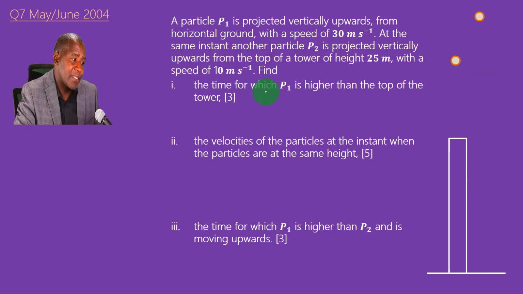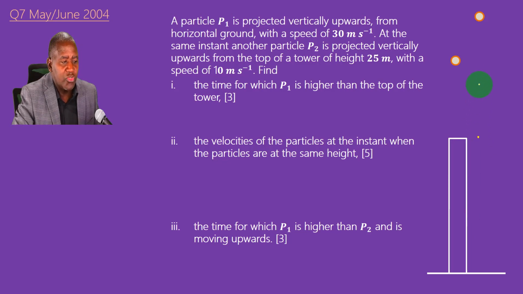Let's answer the first part. There is a time when this object moves from here. It has been fired vertically upwards with a speed of 30 meters per second. And the time at which it is just above the tower will be this one, that is T1.